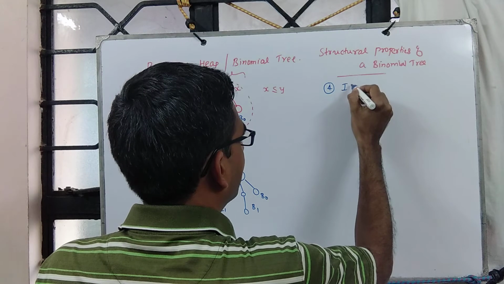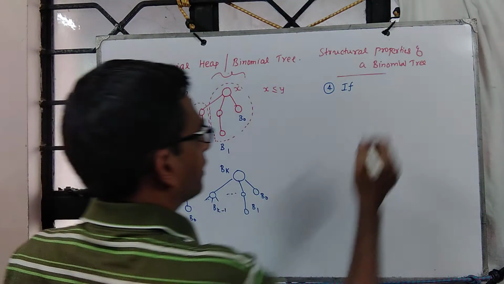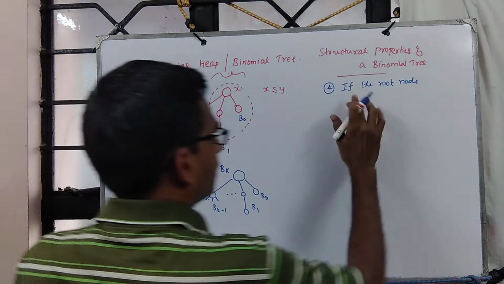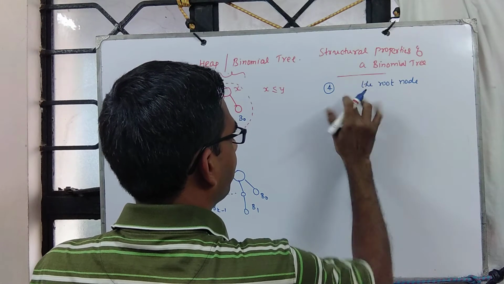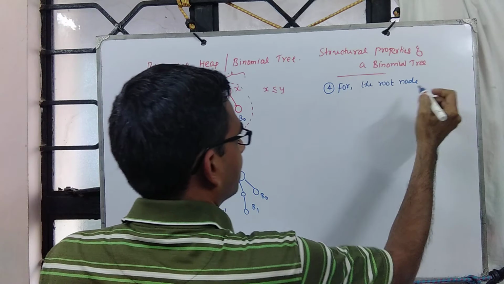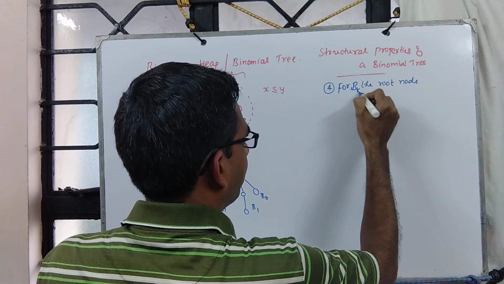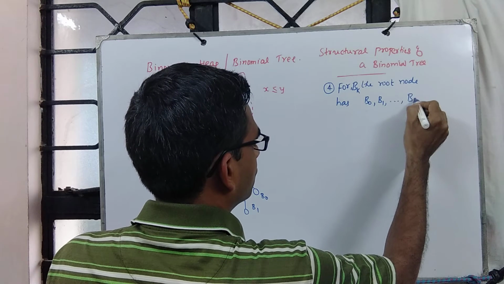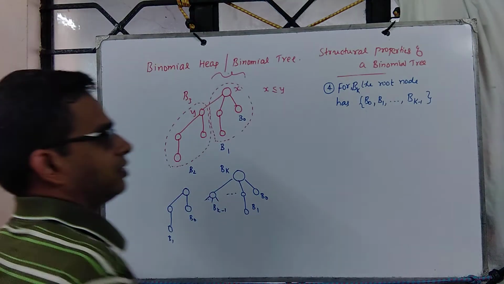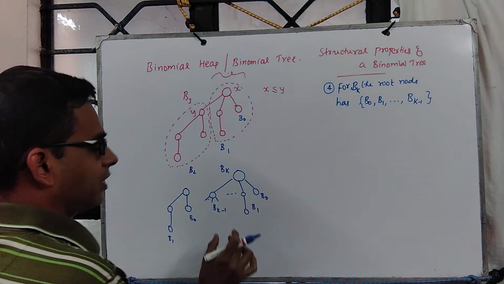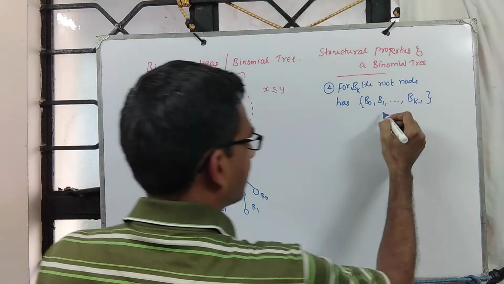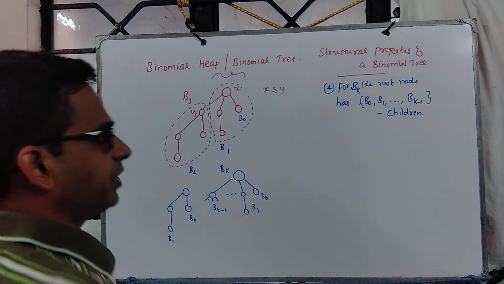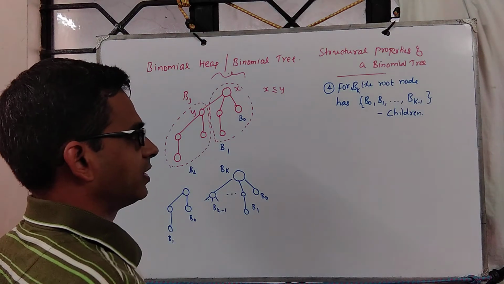So if you look at BK, the root node for BK has B0, B1, so on up to BK minus 1 as its children, correct?